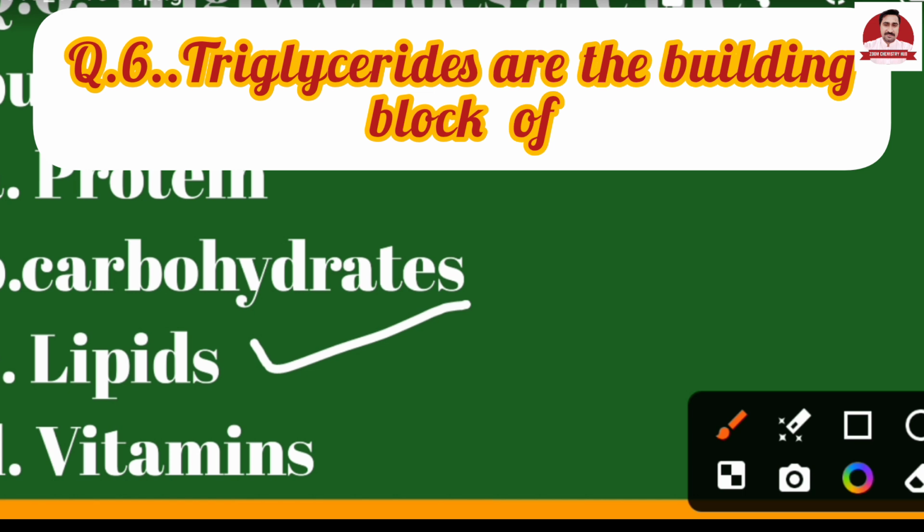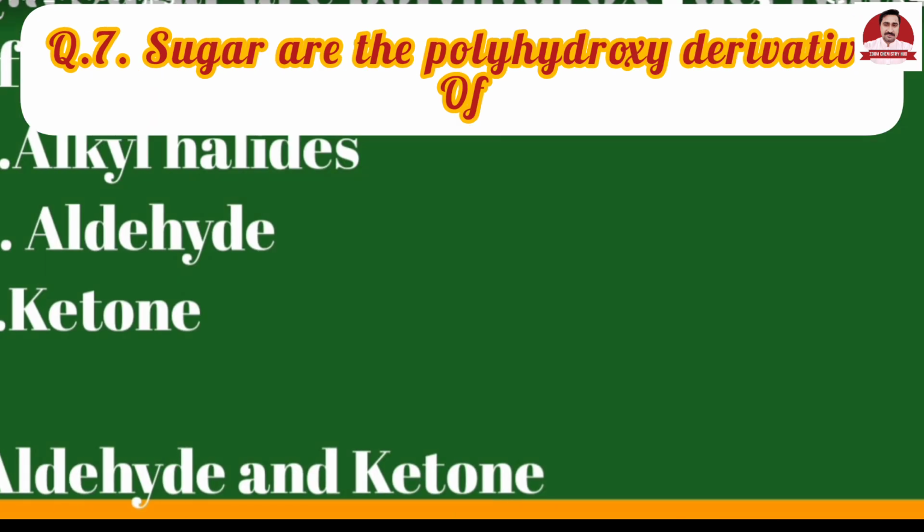Next question, question number 7. Sugars are the polyhydroxy derivatives of option A alkyl halides, option B aldehyde, option C ketone, and option D aldehyde and ketone.